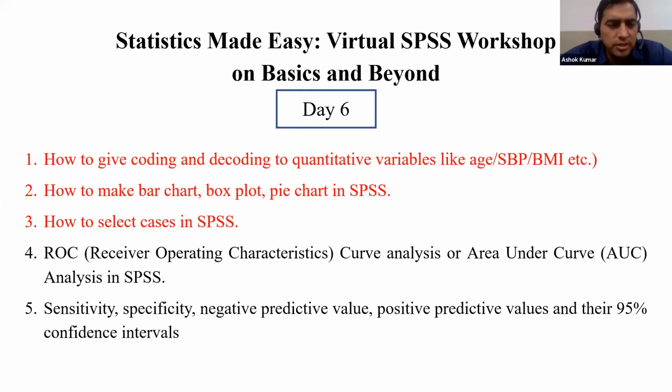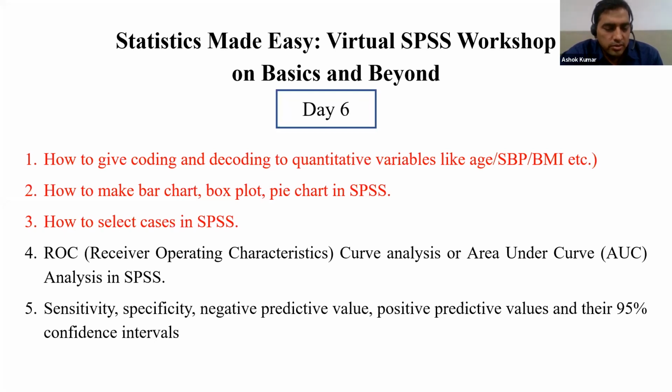So today I'll cover how to give coding and decoding to quantitative variables like age, systolic BP, BMI, etc., maybe continuous, maybe discrete, and how to make a bar chart, box plot, and pie chart in SPSS, and how to select cases in SPSS and why we have to select cases.